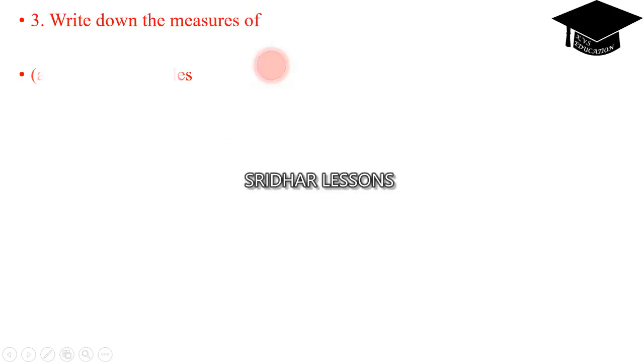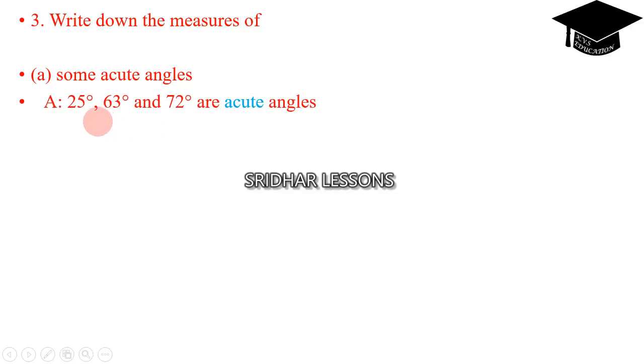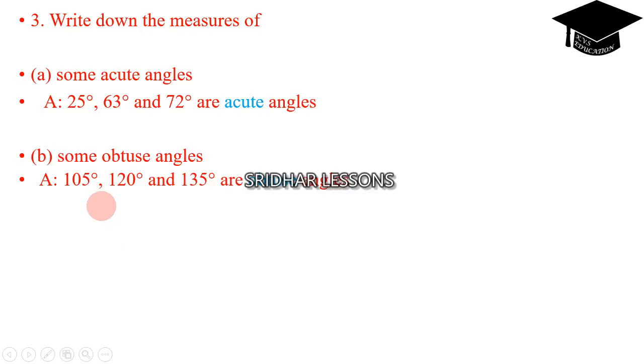Write down the measures of some acute angles. Acute angles are less than 90 degrees, so we can write any numbers: 25 degrees, 63 degrees, 72 degrees. Less than 90 degrees is the condition. Some obtuse angles: 105 degrees, 120 degrees, 135 degrees. Between 90 degrees and 180 degrees is the condition.